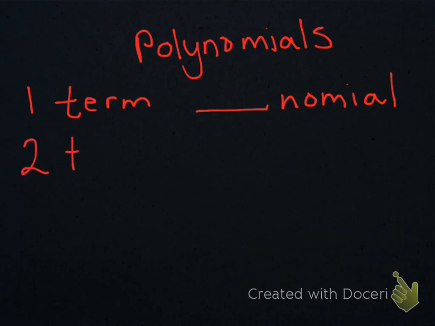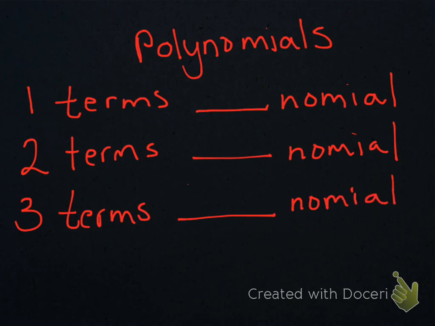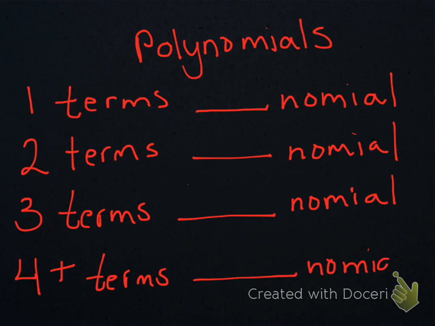2 terms, blank nomial. Now, you're already going to rock 3 terms because you already know the answer. 3 terms, nomial. 4 plus terms, okay.